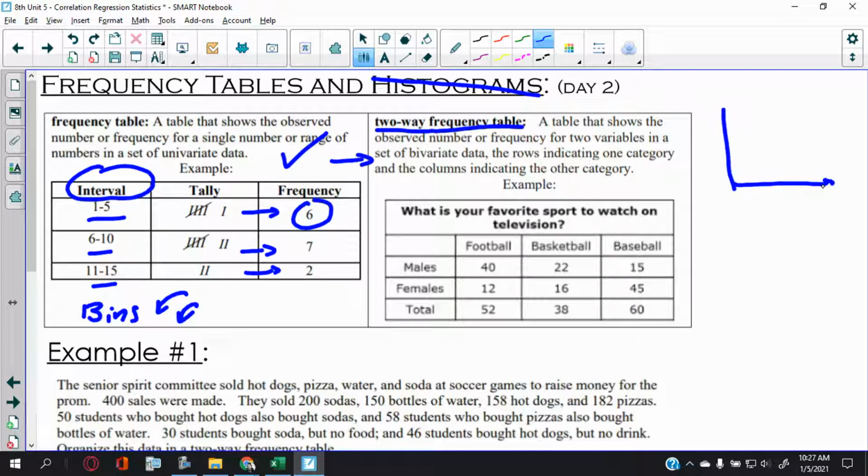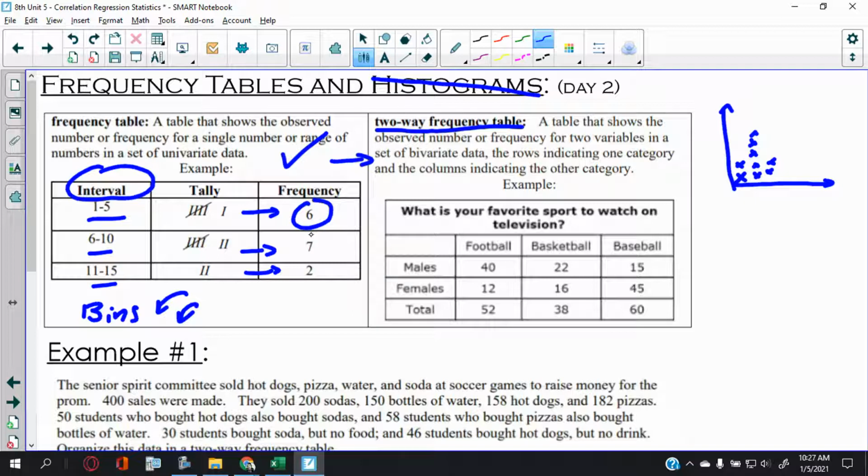Whereas if you create, what are those called, dot plots? Remember those plots where you make crosses and whatnot? Those are much more specific because they tell you which number is in there and how many times. This one doesn't tell you which exact numbers are in there.